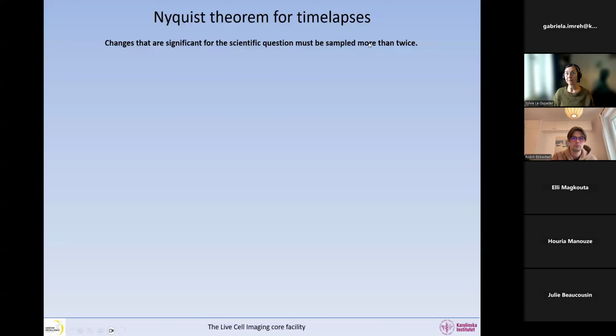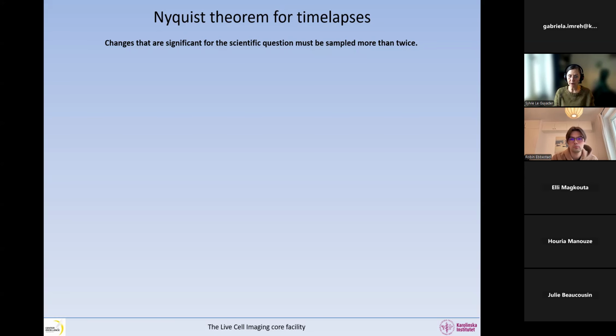So in time lapses, it's the same thing. As I said, it works for everything. So in a time lapse, we need to define, basically the question is, I want to do a time lapse and image my samples live and see how things change. So maybe the intensity, maybe the shape of the cells or something like this. How often do I image? How do I decide this? It depends on the scientific question.